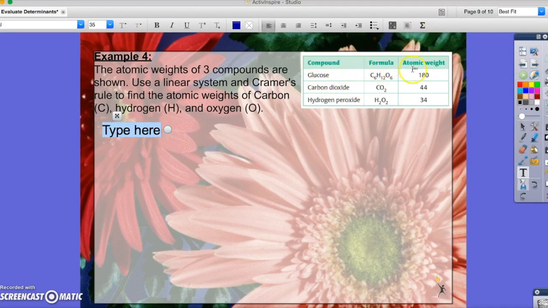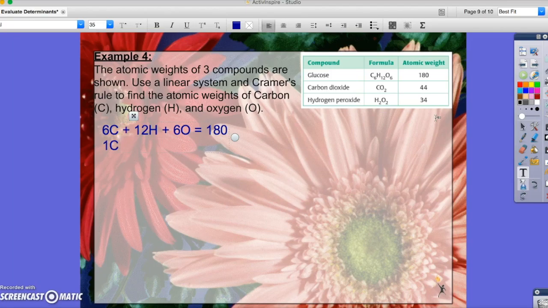Look at glucose. You have what? 6 carbons. I'm going to write 6C plus 12H plus 6 O's for oxygen equals 180. So this is how we actually write our equations here. Let's do carbon dioxide.